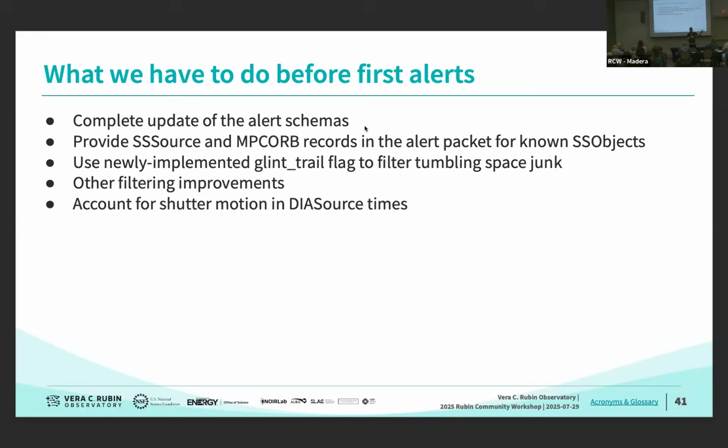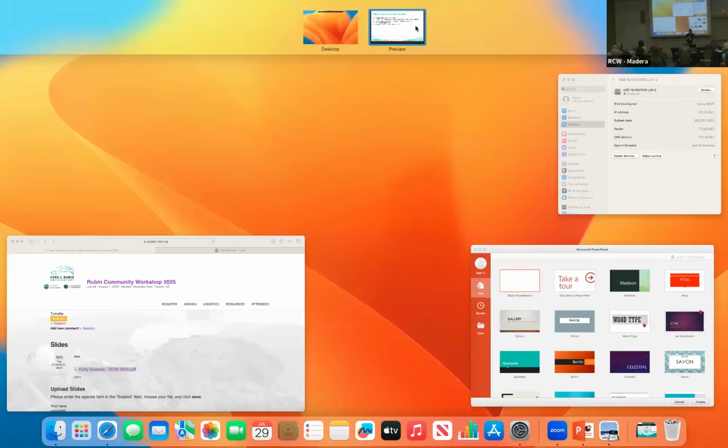And then there's a technical issue that the shutter motion across the focal plane means that the effective time of individual sources varies, and so we need to make sure we include that effect. So these are the sort of things that the pipelines team is going to work on in the very short order.